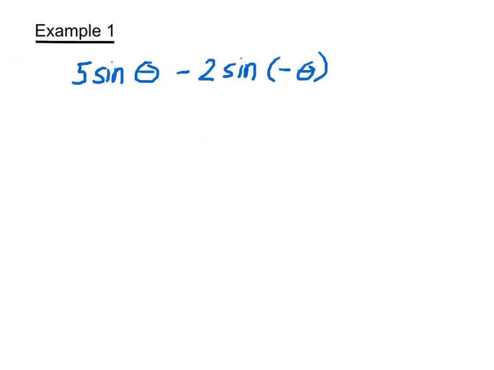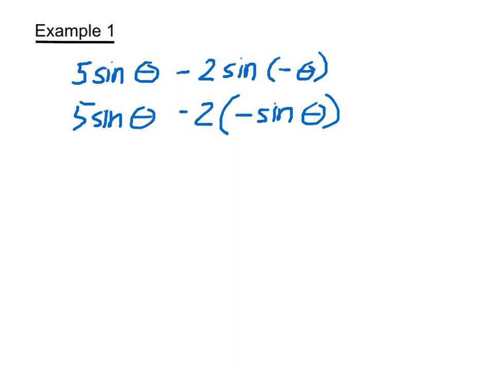Our first example is 5 sine theta minus 2 sine negative theta. What I'm looking to do here is simplify. The first thing that I can recognize is that I have a sine of negative theta here. Well, from our previous slide, I know that sine of negative theta is really equal to negative sine theta.